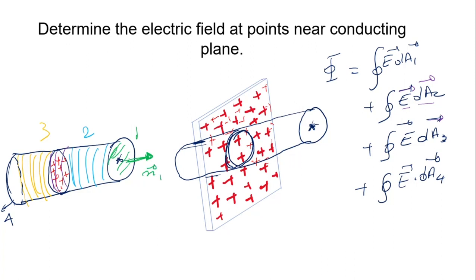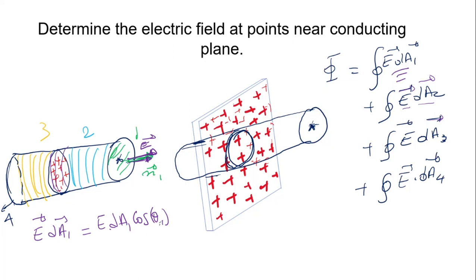The direction of our electric field E is in the same direction as the normal of area 1. So this electric flux, E dA1, by definition is E dA1 cosine of theta1. Theta1 is the angle between the vector dA and the electric field, and this angle is 0.